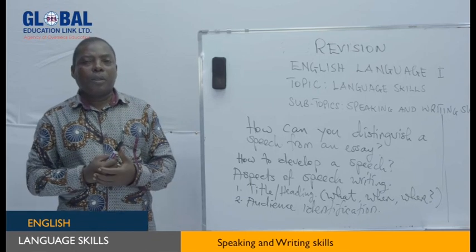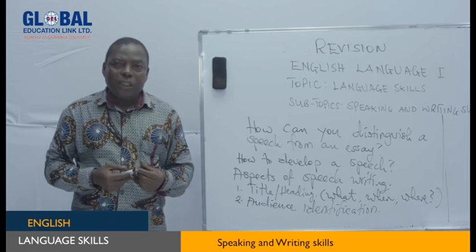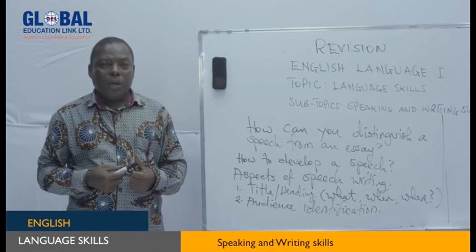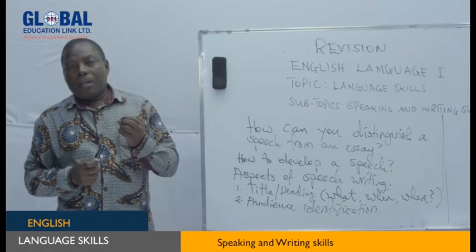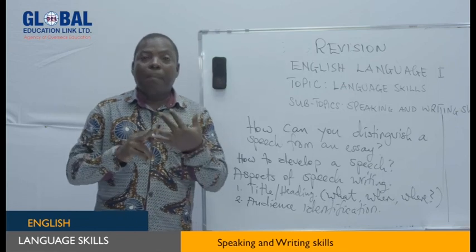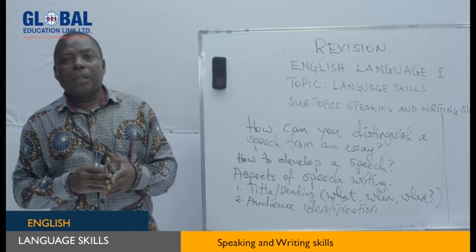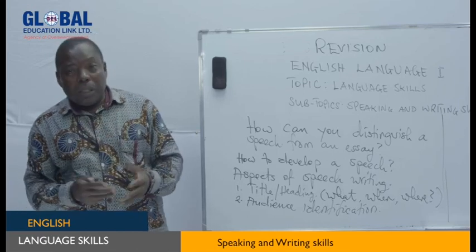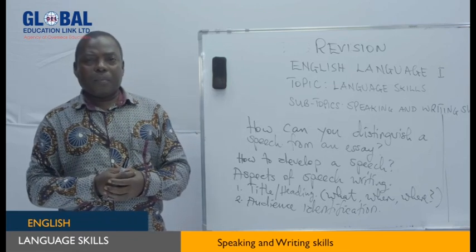For example, if you are making a speech, and on that occasion you have the minister attending, you have the members of parliament, you have executive wards, you have students, and you have commoners.